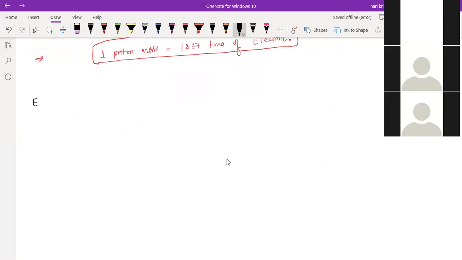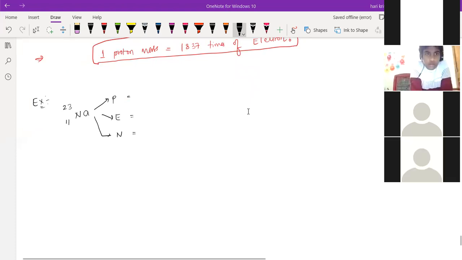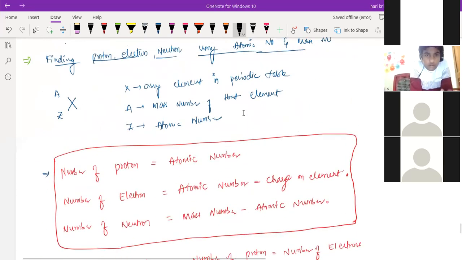Now we'll take some examples. Sodium, Na, with mass number 23 and atomic number 11. Find out how many protons, electrons, and neutrons there are. First copy these three formulas, and then you can do the sum. Everyone copy these things.